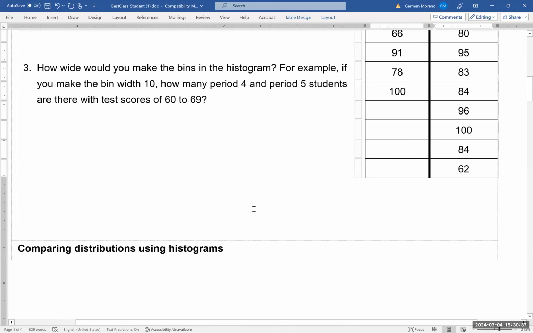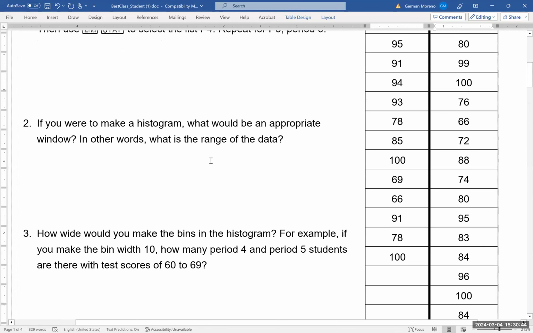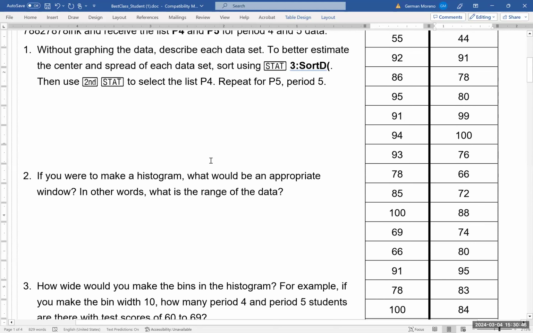So I'm confident that I did it correct, but there could be mistakes, but hopefully not. So now question number one also asks us to sort the data and use sort descending. So let's go ahead and do that.